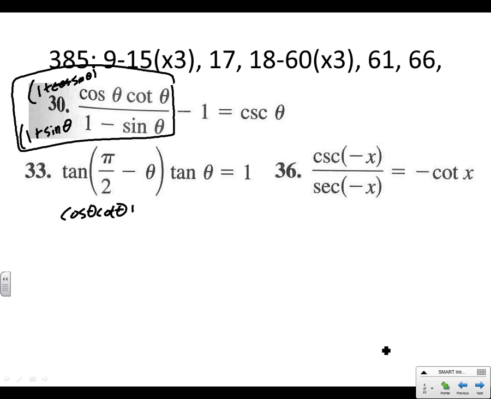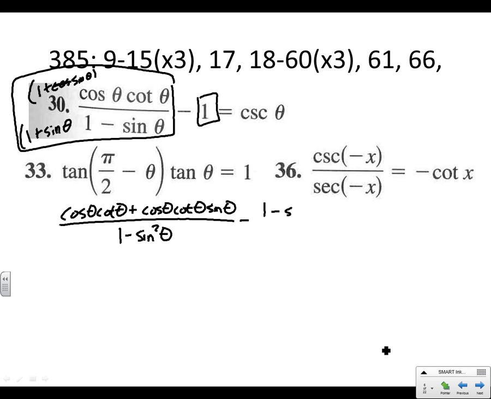And then we've got plus cosine theta cotangent theta sine theta, all over 1 minus sine squared theta. So I want to turn my 1 right here minus into a common denominator.